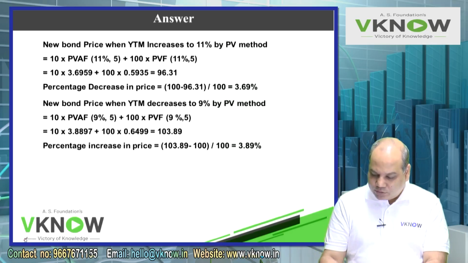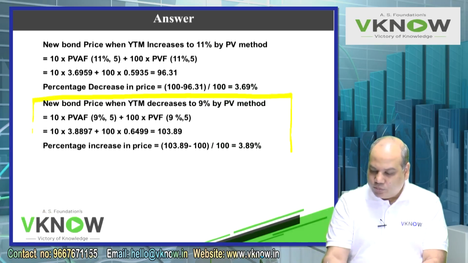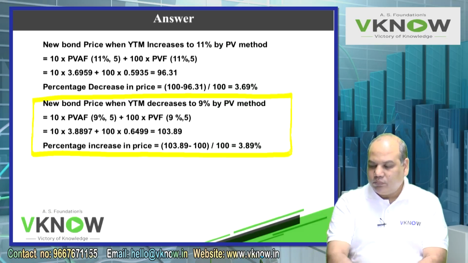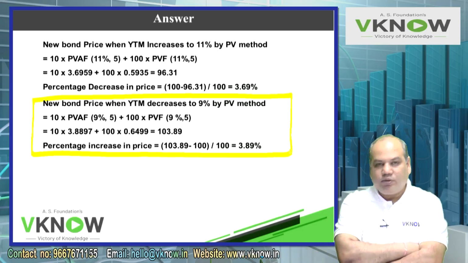So next calculation, this box now. New bond price when YTM decreases to 9% by present value method.